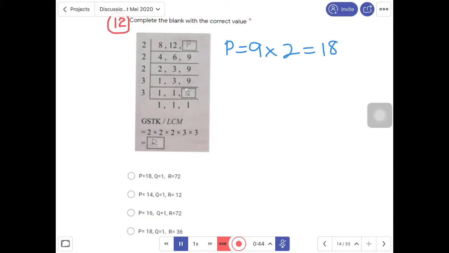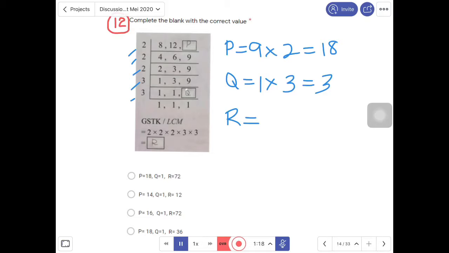And then as well as for Q, we just reverse the process. So 1 multiply 3 should be 3. So Q equals to 1 times 3 equals to 3. And R, we just multiply everything here to get the LCM.